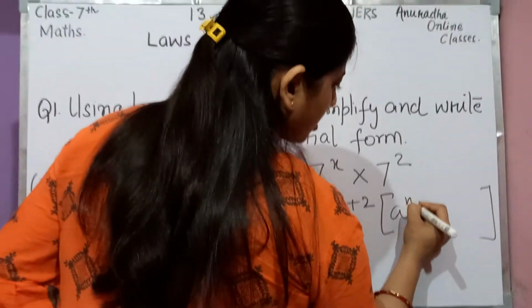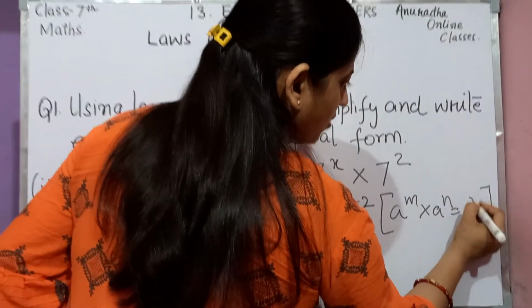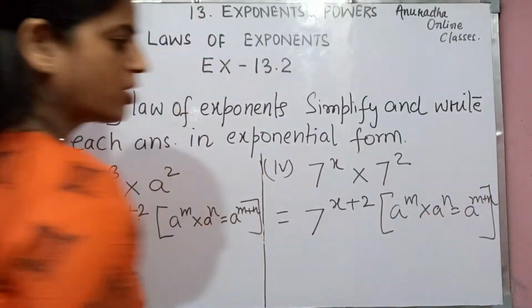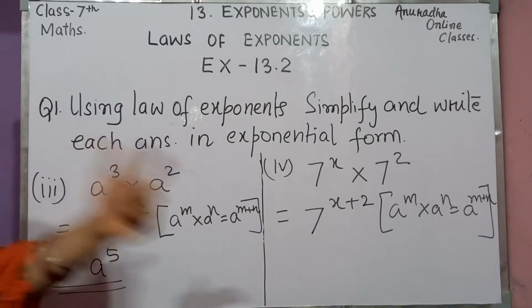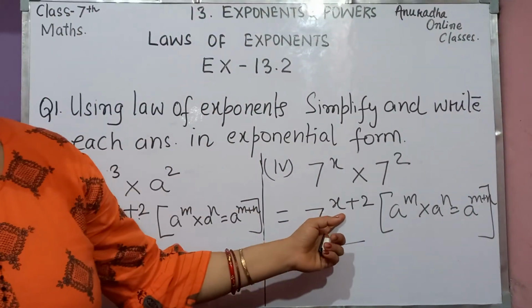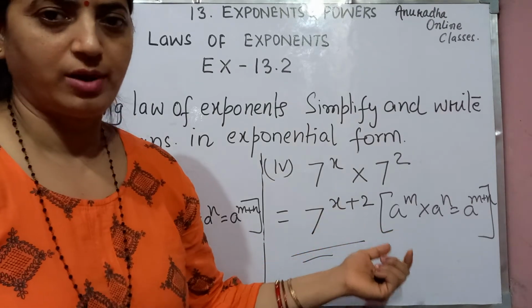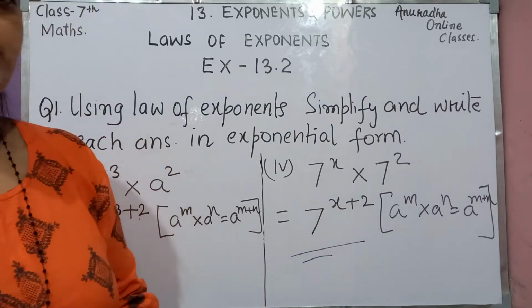Which law are we using? a raised to the power m into a raised to the power n is equal to a raised to the power m plus n. You have to write it always. So the answer is this only, because x is a variable. Since x is a variable, we will just add it, so it will be like this only. Let's come to the next.